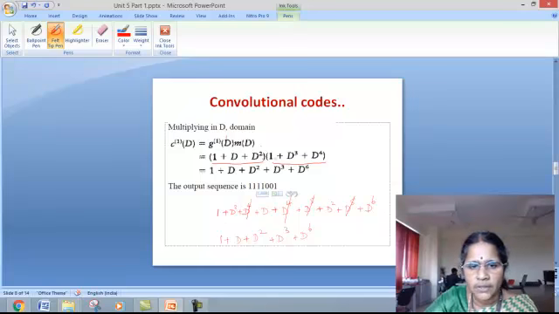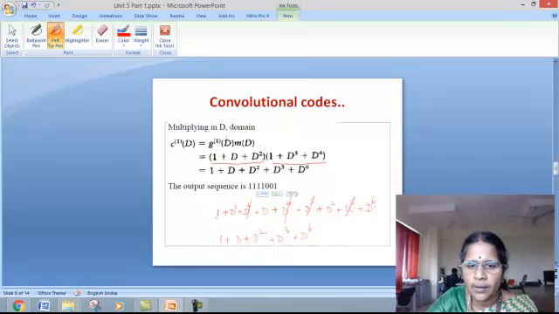1, you multiply this: 1 plus d cube plus d power 4 plus d power 4 plus d power 5 plus d square plus d power 5 plus d power 6. And since it is the modulo 2 addition, that is XOR addition, d power 4 plus d power 4 will be equal to 0. Similarly, d power 5 plus d power 5 will be equal to 0.